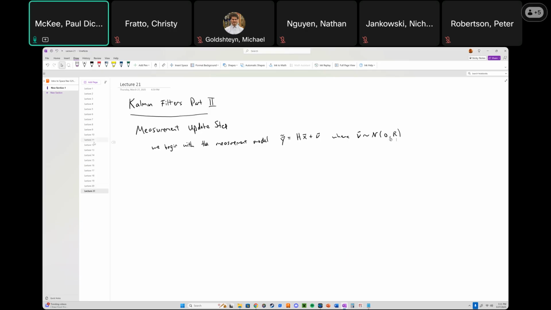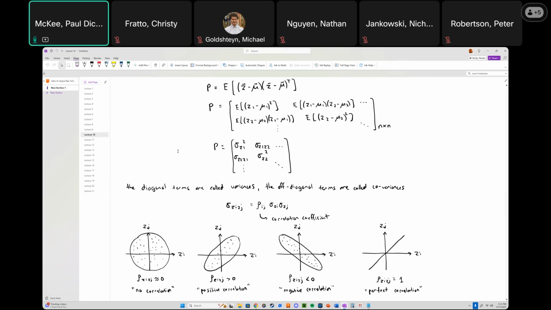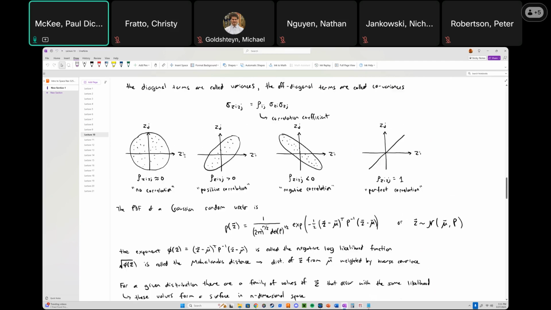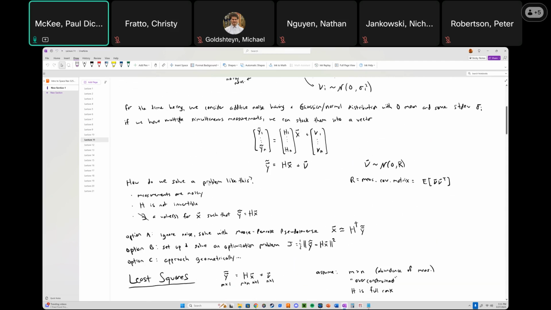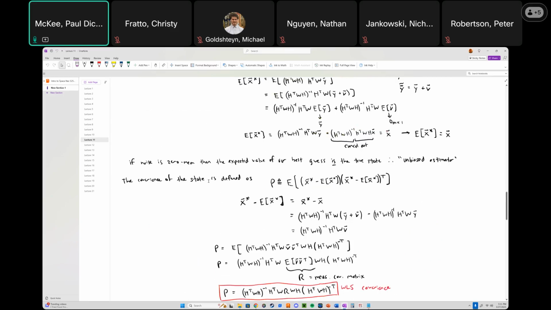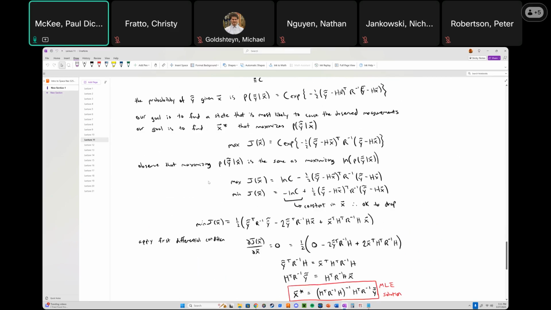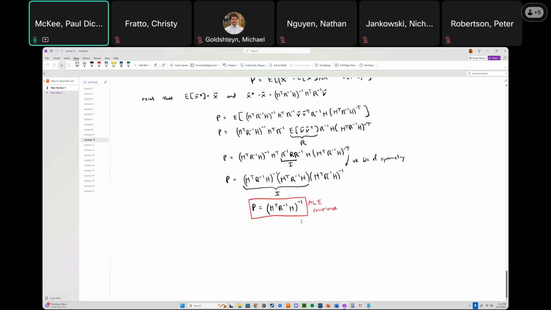And so we can actually compute P. I think I have it in here. You can compute your covariance. Here's the equation, right there. Your covariance, P, how much you don't trust your state. And maybe I'll even add this to the notes here.